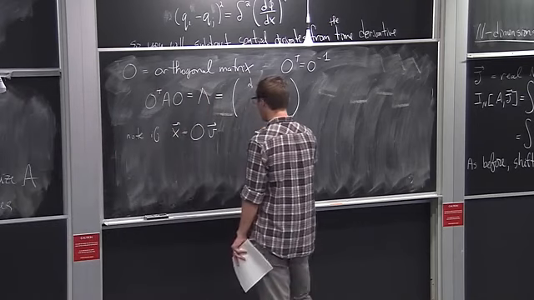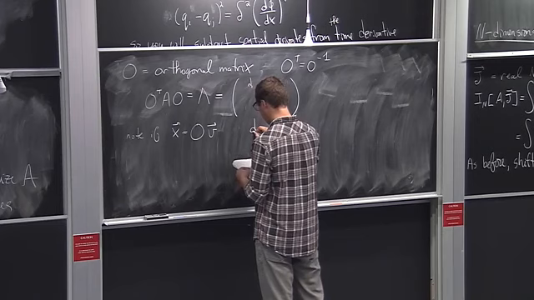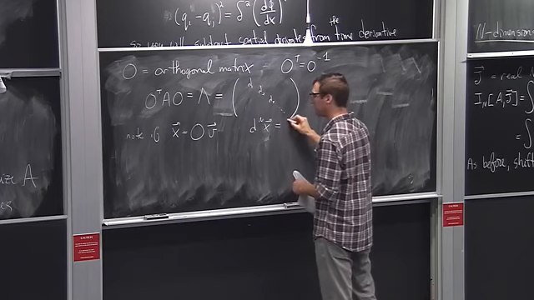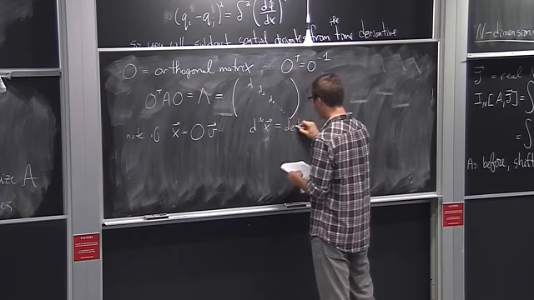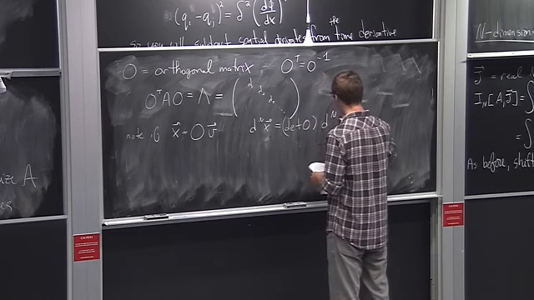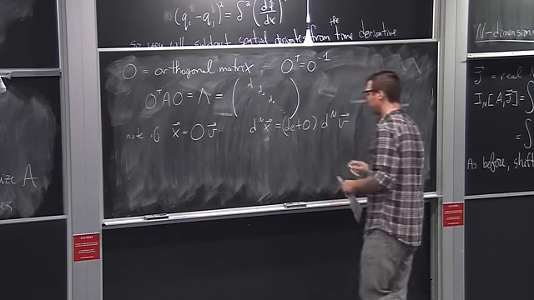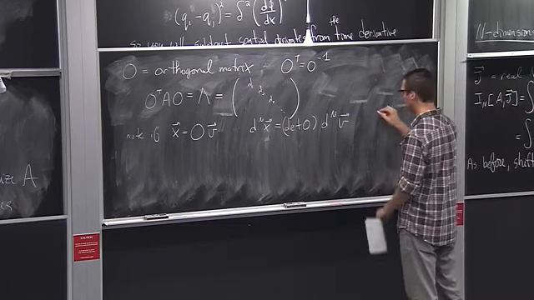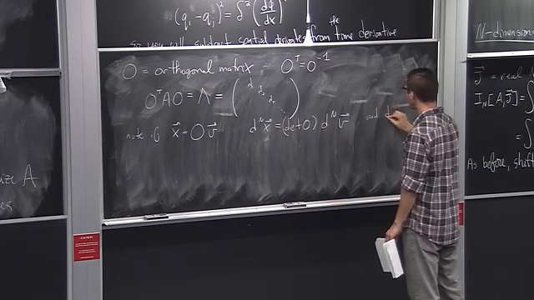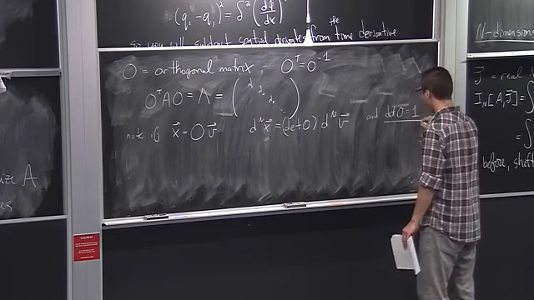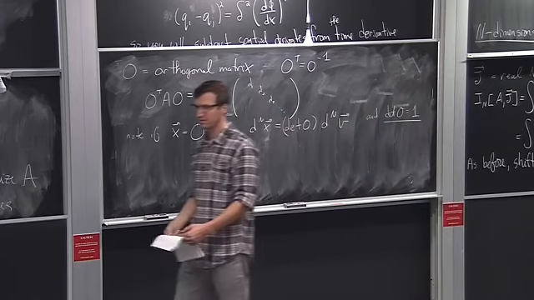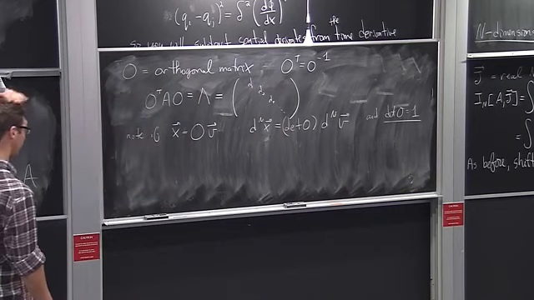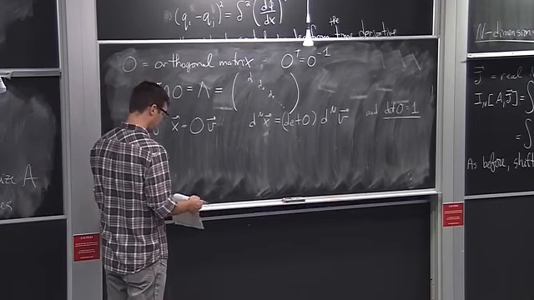The Jacobian is the determinant of dx over dV. But since it's orthogonal, that's 1. So we have just symmetries in A, essentially, that allow us to not worry about the Jacobian at this stage.